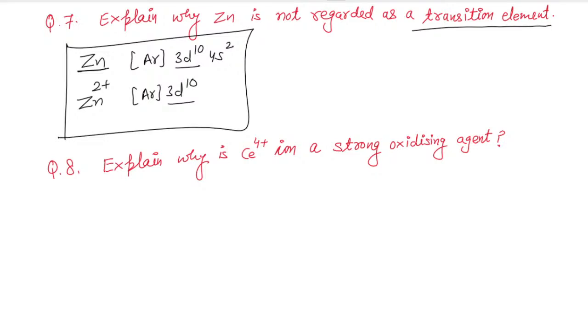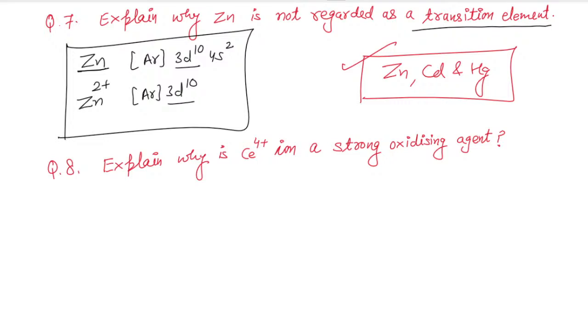Beta, zinc, cadmium and mercury. Zinc, cadmium and mercury are not regarded as transition elements because of the same reason, that they have fully filled d orbital in their ground state as well as in any of their oxidation states. Okay, that's why zinc, cadmium and mercury are not regarded as transition elements. Okay, explain why cerium 4+ is a strong oxidizing agent.